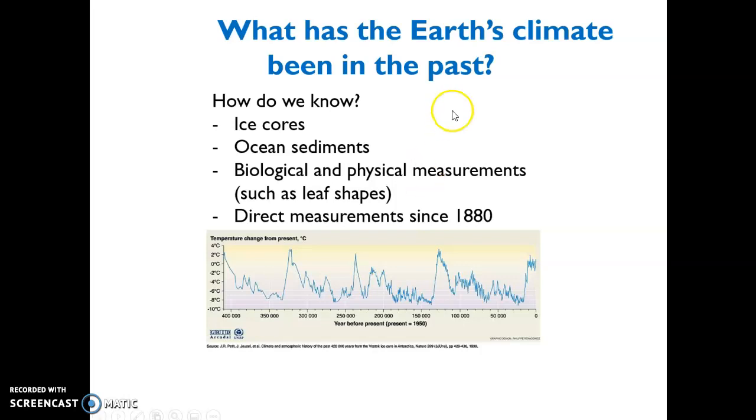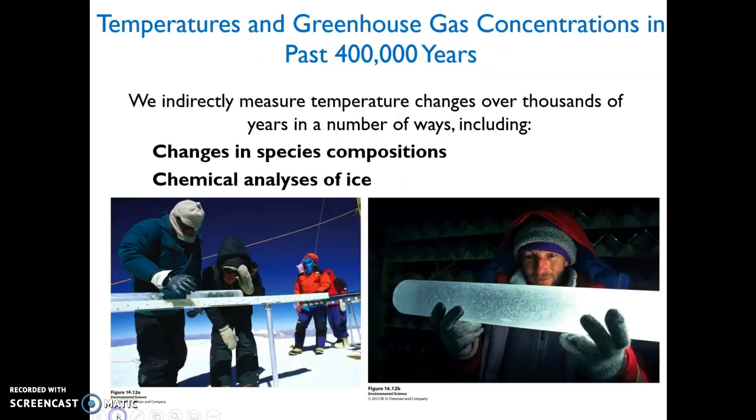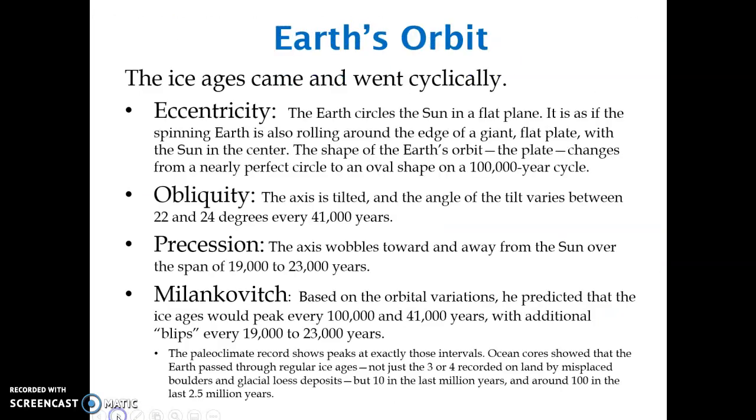But when you combine ice cores and ocean sediments and biological and physical measurements, they all overlap and produce a graph that's just the same. And that's where the strength in the data lies, in the number of different methods that have been applied and how they come up with the same result. Okay, so that was Earth's orbit.